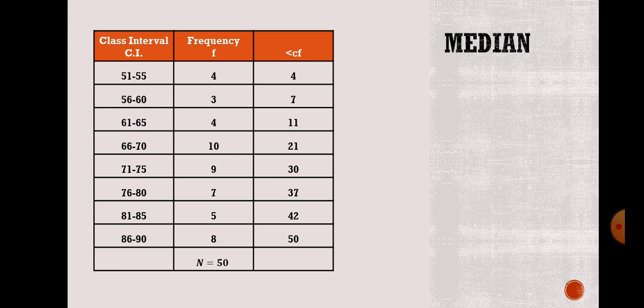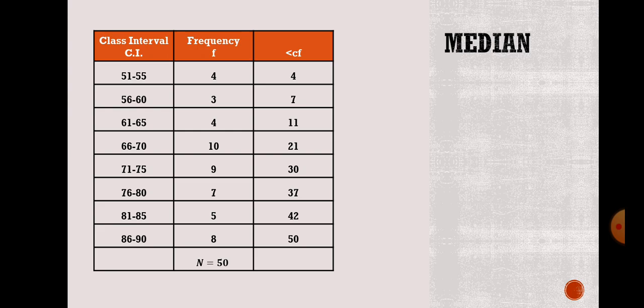Okay, alam na naman po natin kung paano gawin si less than cumulative frequency. Since ang ating classes ay naka-arrange from lowest on the top and then highest scores on the bottom, 51 to 55 hanggang 86 to 90, magsisimula tayo dun sa pinakang ibaba.